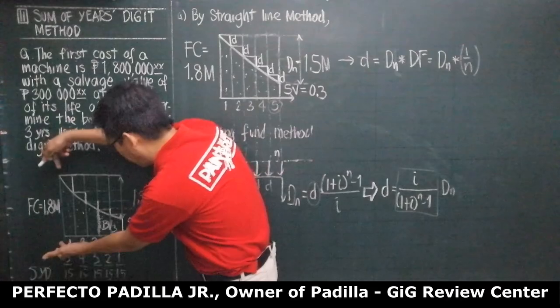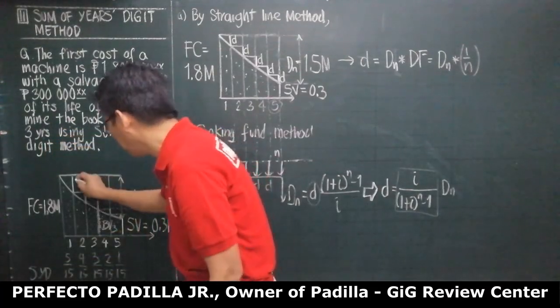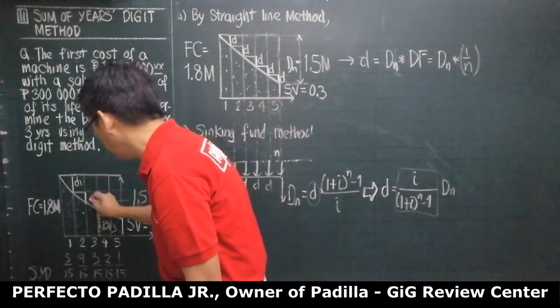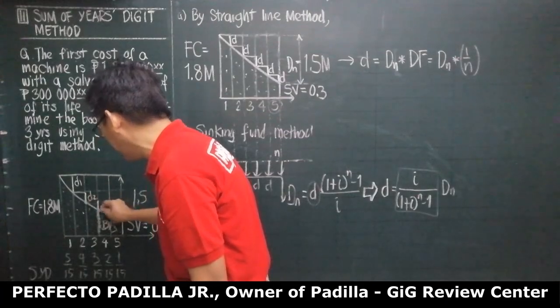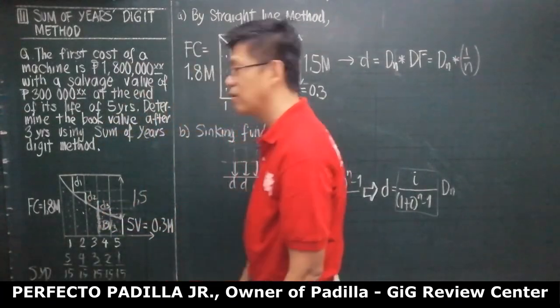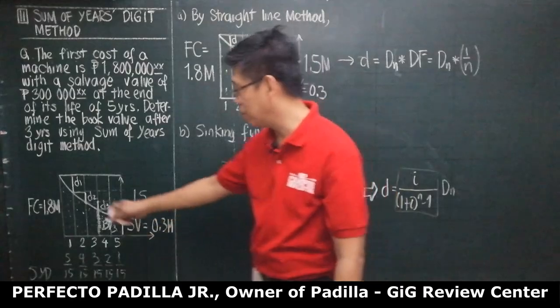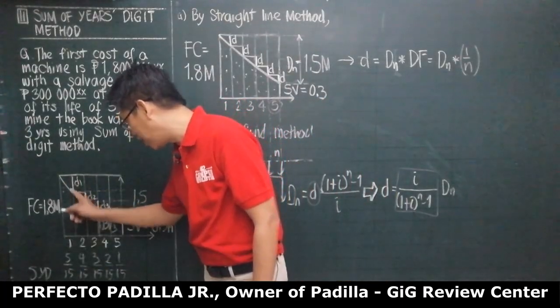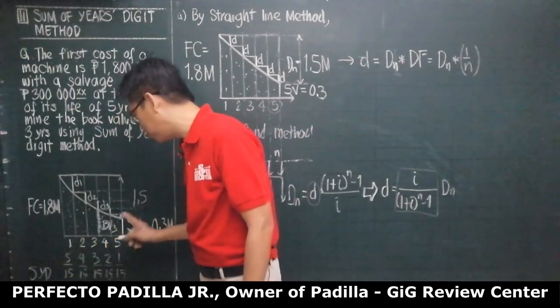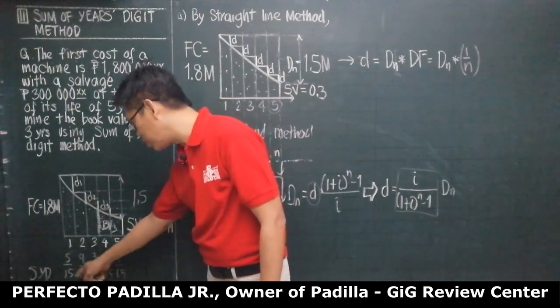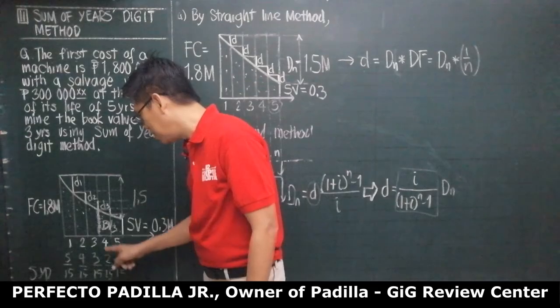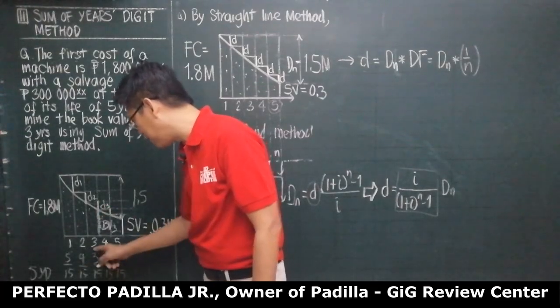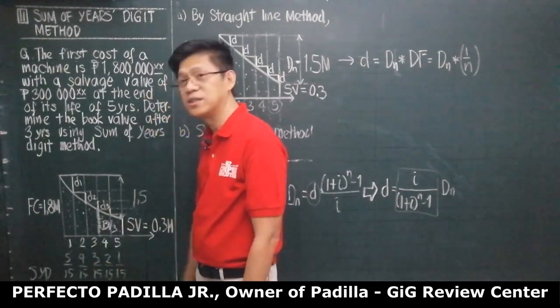So that must be 1.8 million minus D1 minus D2 minus D3. Kuha? So how are we going to solve this? Ito will receive, this one is 5/15 of this. This one is 4/15 of this. This one is 3/15 of this.